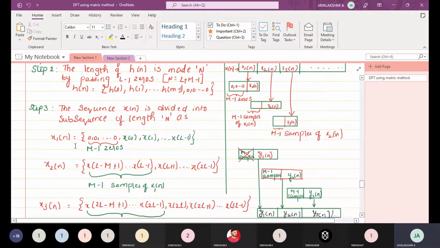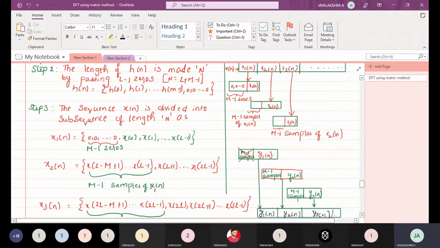After writing x1 of n, we come to x2 of n. Another segment of x of n is called x2 of n, which is written as x of L minus m plus 1, and so on, up to x of 2L minus 1. So before starting x2 of n, it must be padded with m minus 1 samples of x1 of n. This is the concept I'm explaining.